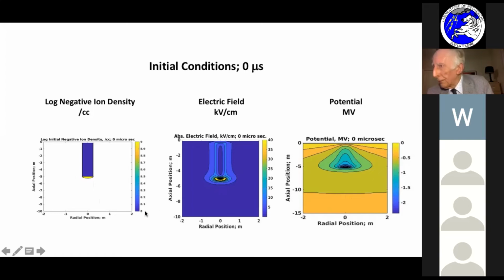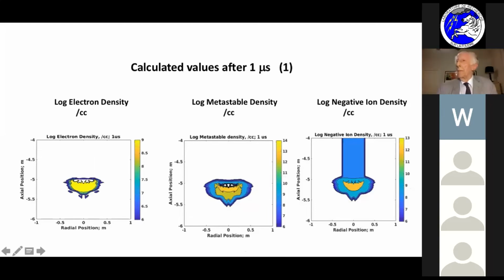Now, with all this, we start calculating all these particle densities and see what we get. And here are the solutions. The electron density at 1 microsecond here is a blob, and there are different scales on radius and Z, and it's a roughly hemispherical blob of density 10 to the 9 per cc.